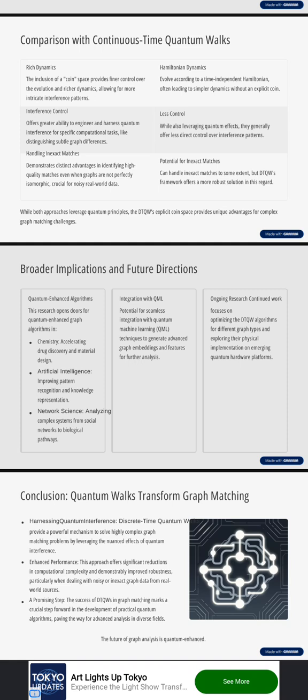Enhanced performance: this approach offers significant reductions in computational complexity and demonstrably improved robustness, particularly when dealing with noisy or inexact graph data from real world sources. A promising step: the success of DTQWs in graph matching marks a crucial step forward in the development of practical quantum algorithms, paving the way for advanced analysis in diverse fields.